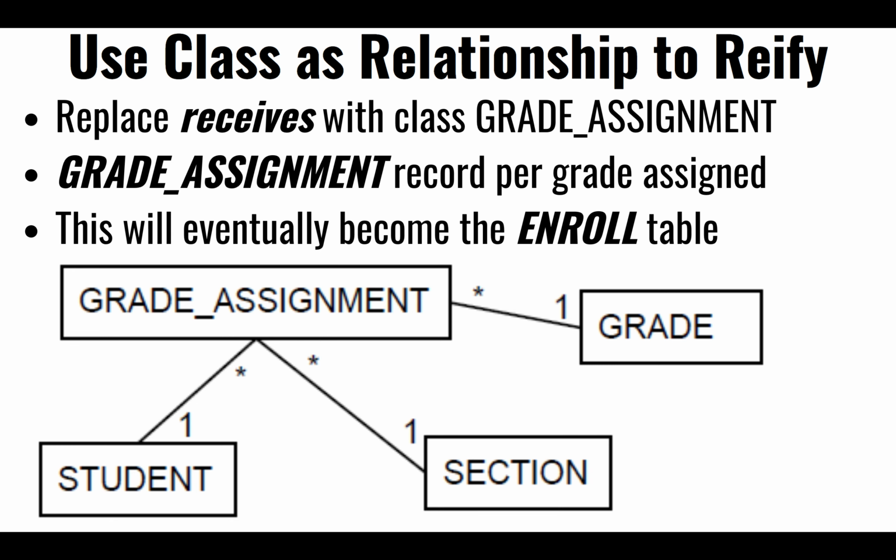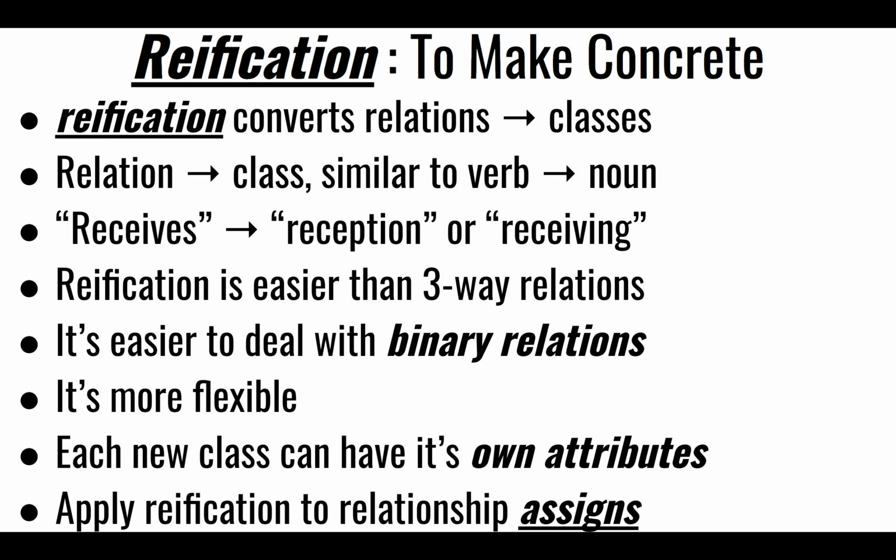Now this is somewhat a hint that eventually this class will become our enrollment table, right? Eventually. So we replace "receives" with grade assignment, and so here's formally the description of what reification means: to convert from relationships to classes, to nouns, basically convert what used to be an action into a noun, right?